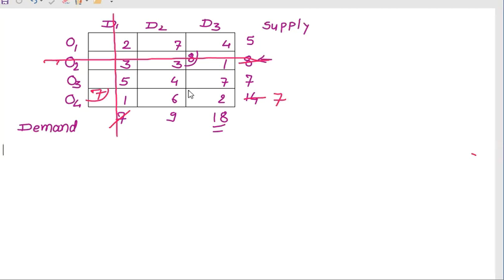So we can allocate 7 units, and all 7 units are transported from the fourth factory to the warehouse D3. Now no units are left at the fourth factory, so we cross this fourth row.